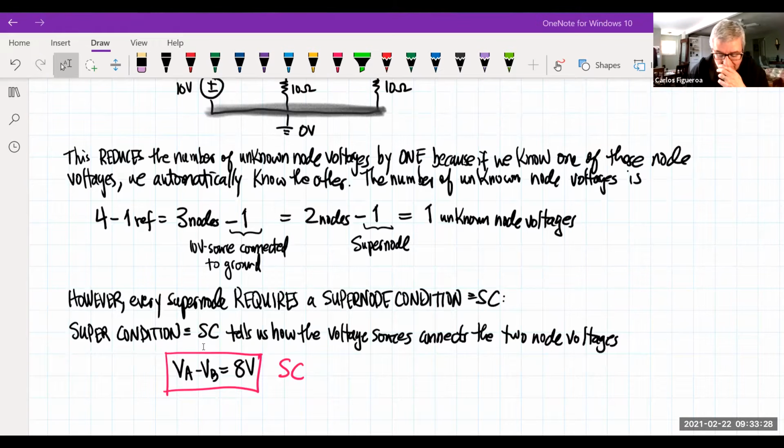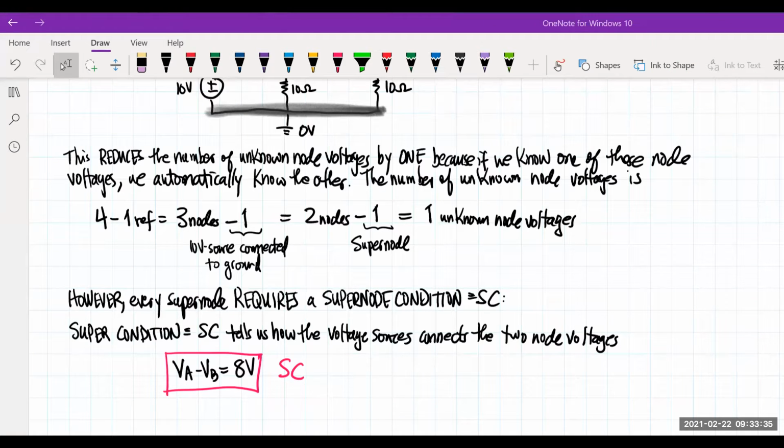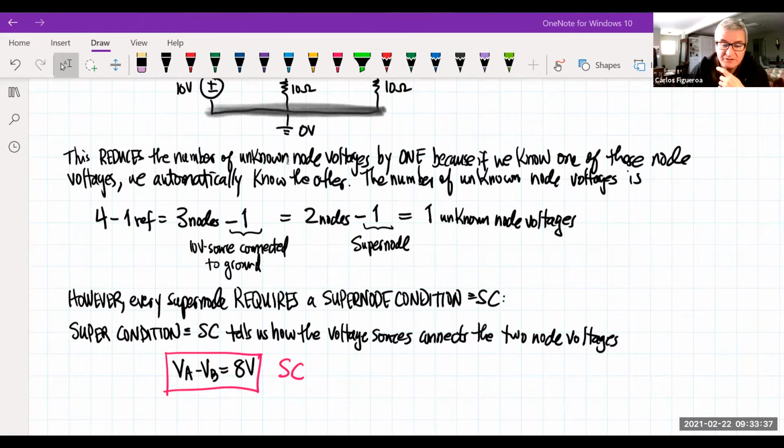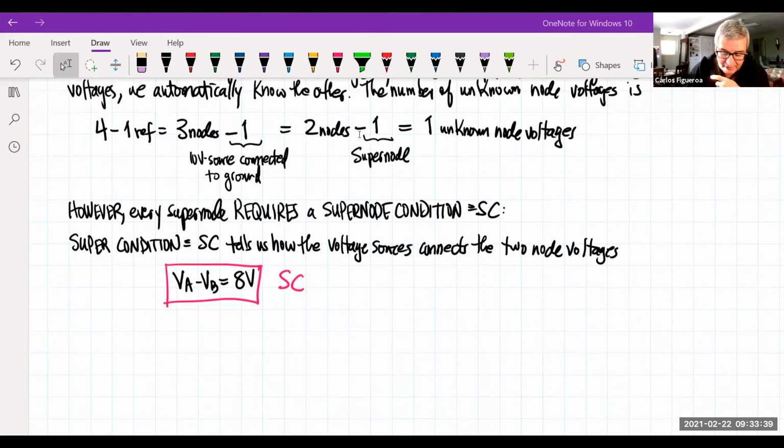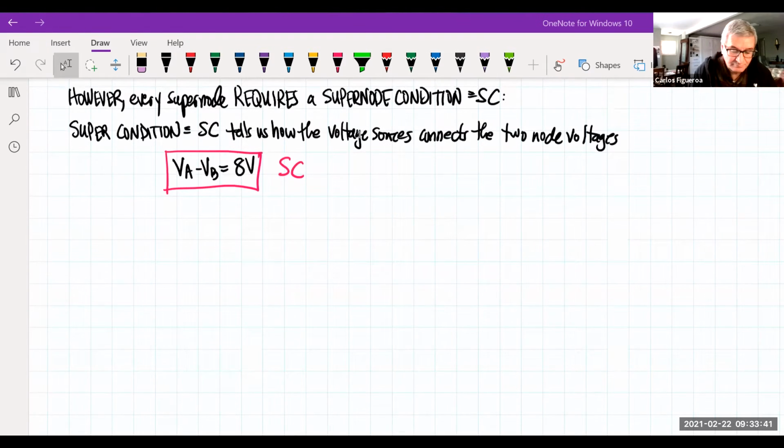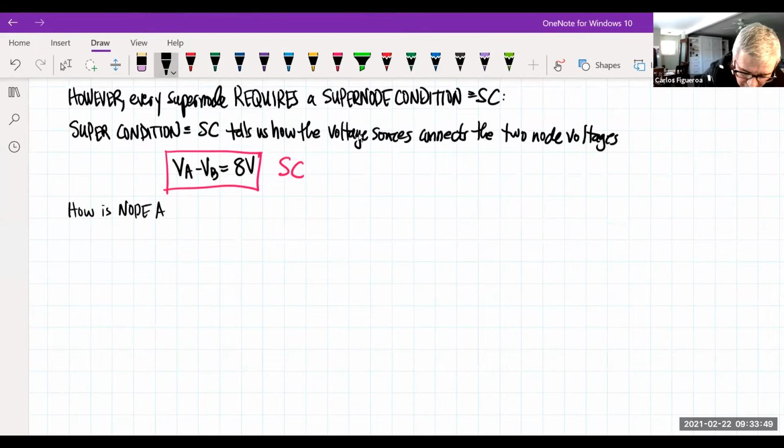So what I want to do here is share a piece of my lecture notes. The question is, how is node analysis applied with supernodes?